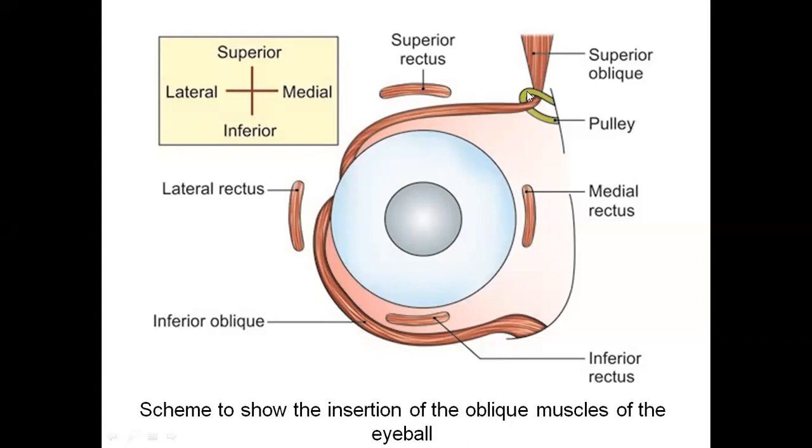This is the pulley, trochlear pulley, from where it is coming. And you can see it is going below superior rectus and getting inserted below the superior rectus and lateral rectus muscle. Inferior oblique muscle is coming from the floor of the orbit and it is running below the inferior rectus, and again it is getting inserted below the superior oblique muscle. Okay.